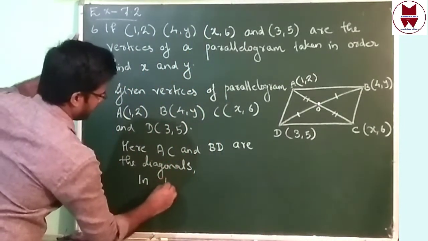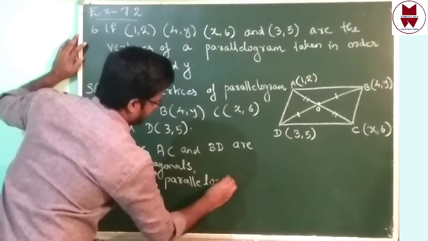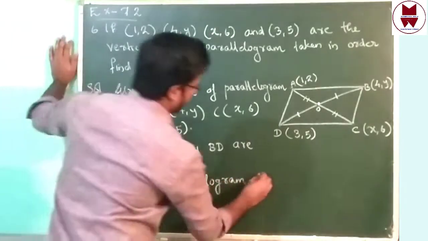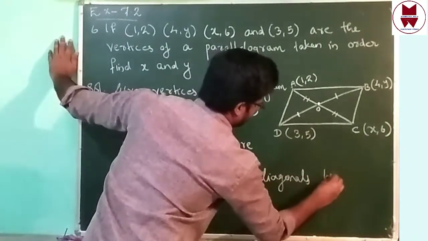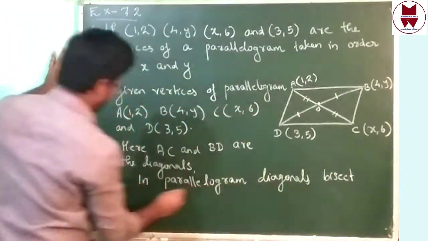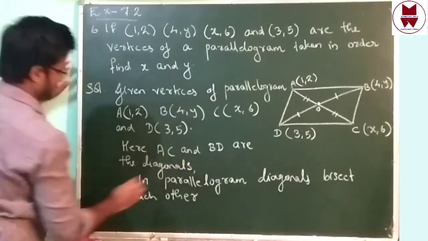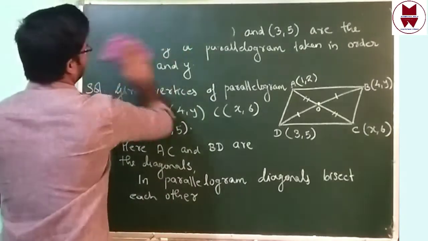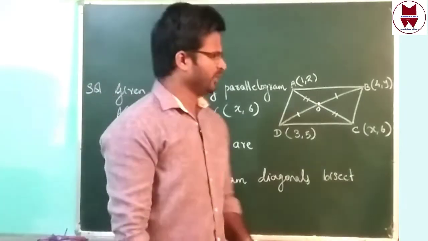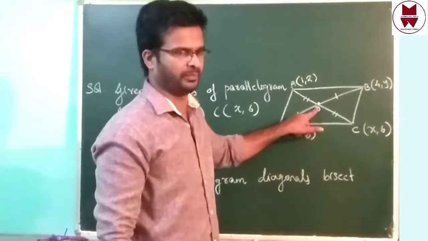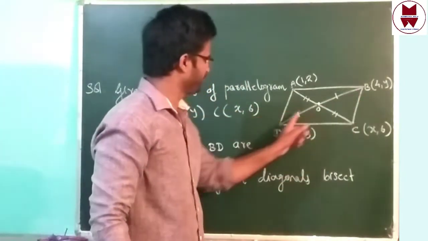In the parallelogram, diagonals bisect each other. Then you can see here O is the midpoint of AC, correct middle only, and midpoint of BD also.